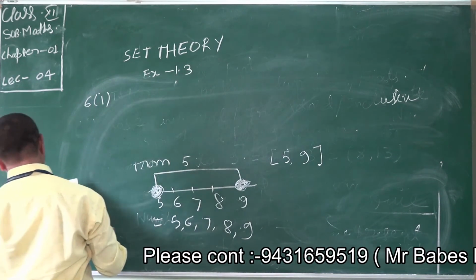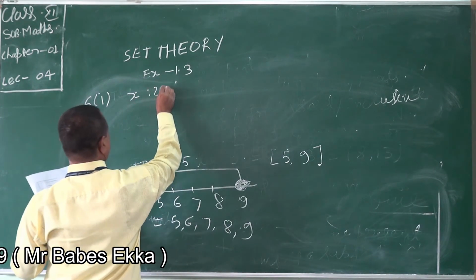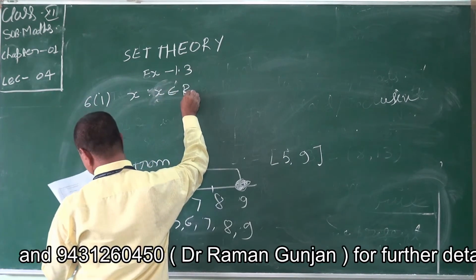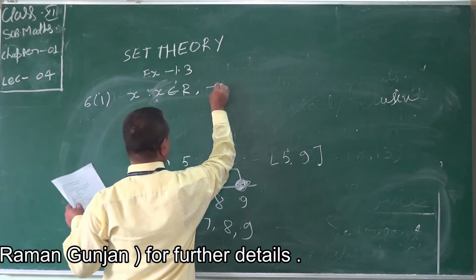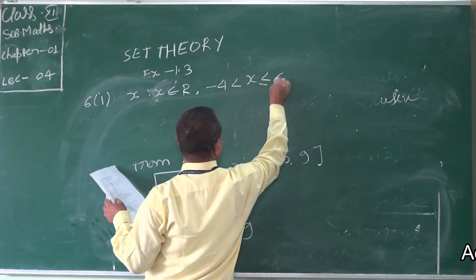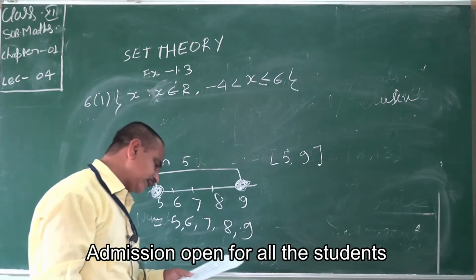Write the following as interval: x such that x belongs to R and -4 < x ≤ 6. This is our first question in this exercise.